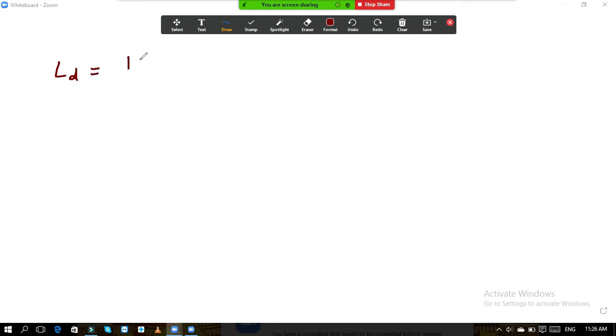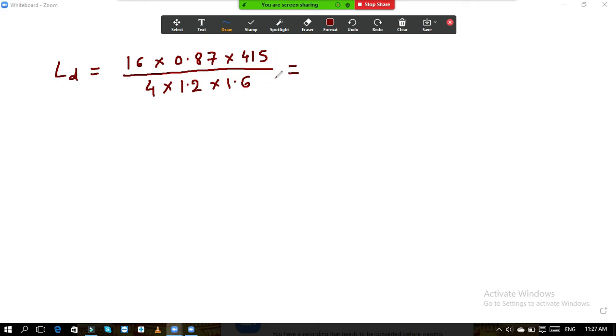So your phi is 16 into sigma s is 0.87 into 415, whole divided by 4 into tau bd for M20 concrete 1.2, and in tension we are placing this reinforcement, so increase it by 60%. So multiply it by 1.6.